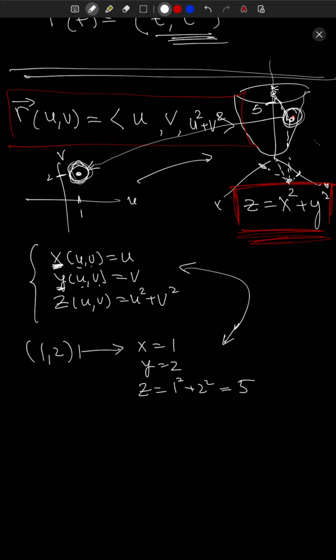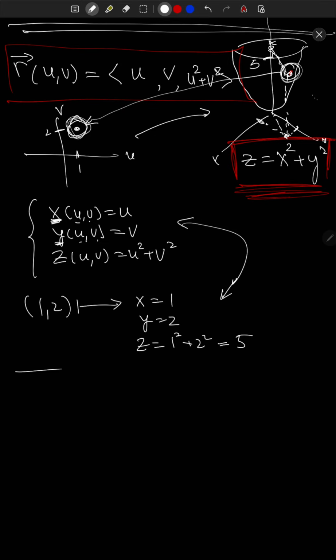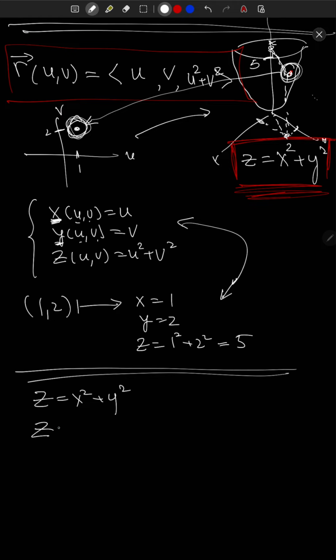Now sometimes we're not interested in an entire paraboloid. So what happens if we're interested in z equals x squared plus y squared, but only the parts of that below the height of 16? Below the height of 16 means z less than or equal to 16.